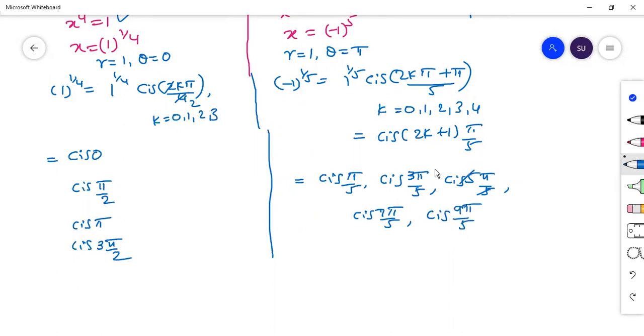These are the 5 roots, that means 5 values of x. Here we have 4 roots of this x. So total, this 4 and this 5, are 9 solutions.